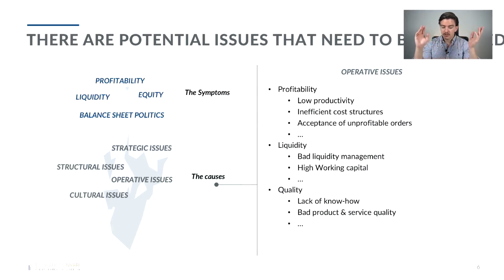Quality can also be an issue, so that there is a lack of know-how or that there is a bad product or service quality. And usually you see that if there are bad customer reviews, and this is the step before you lose revenue, because typically if your quality decreases, it doesn't take very long until you also lose your first customers.